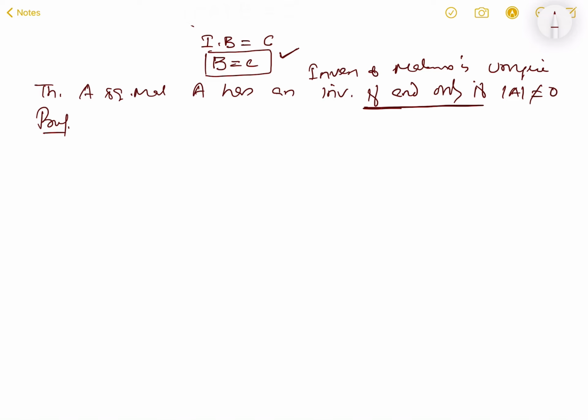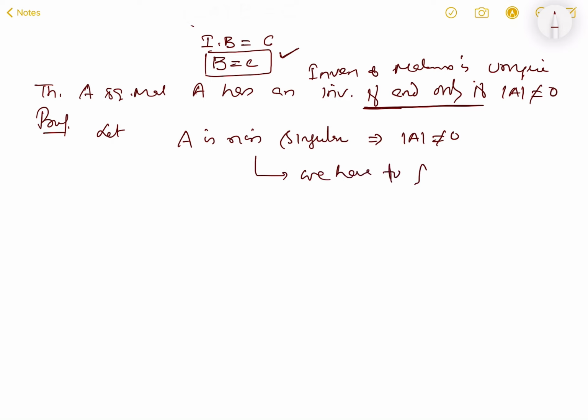So let me assume that first A be a square matrix, A is non-singular. Okay. First we consider this condition, determinant A is non-zero, and now we have to show that A inverse exists.